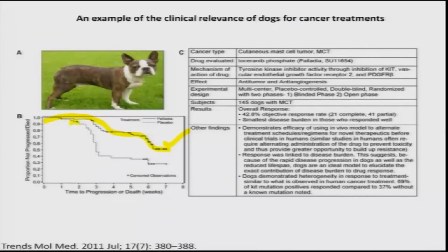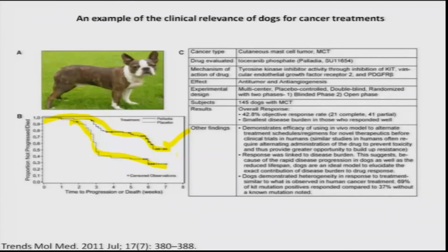This line represents the one treated with vehicle, meaning untreated, and you can see that in about 7 weeks almost 70% of the dogs that had cancer have already died, whereas the treated ones are able to live longer, which gives you a very good model for a drug screening platform and so on.